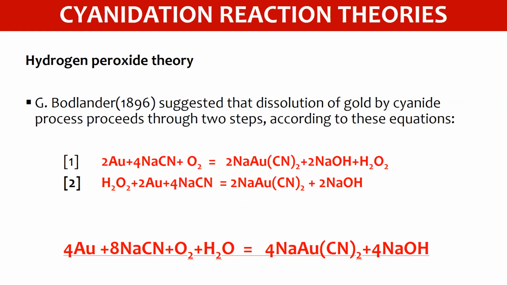Then we have the hydrogen peroxide theory by Bodlander. He suggested that the cyanidation process actually occurs in two steps. The first step is that in the presence of oxygen, you produce the sodium gold cyanide complex, however it produces it with hydrogen peroxide.